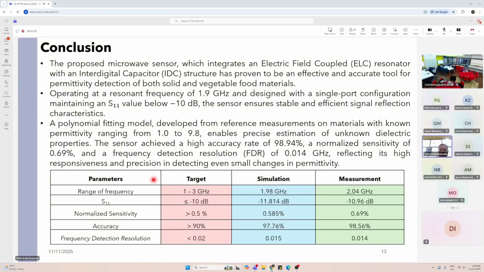We also compare the target, the simulation, and the measurement. Based on this table, we can see from the measurement that the proposed sensor has passed the minimum criteria based on the target and the simulation.